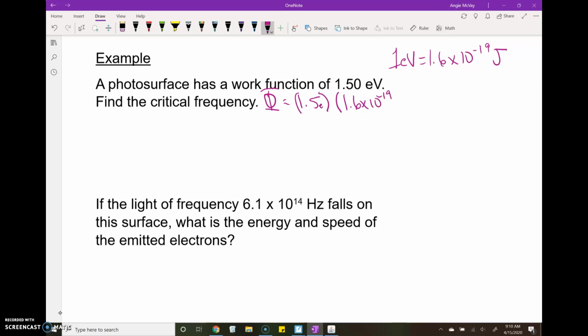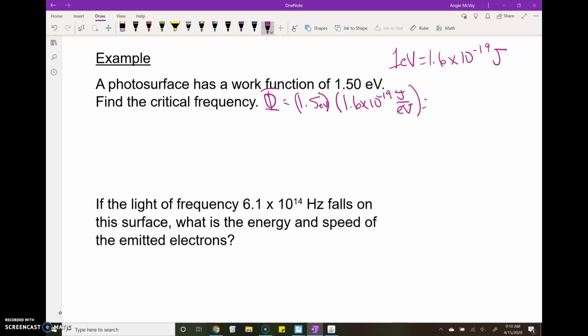And if this is electron volts, what this conversion factor is, is how many joules there are for every electron volt. And we can get that as our work function. In my notes, I just do it all in one fell swoop.